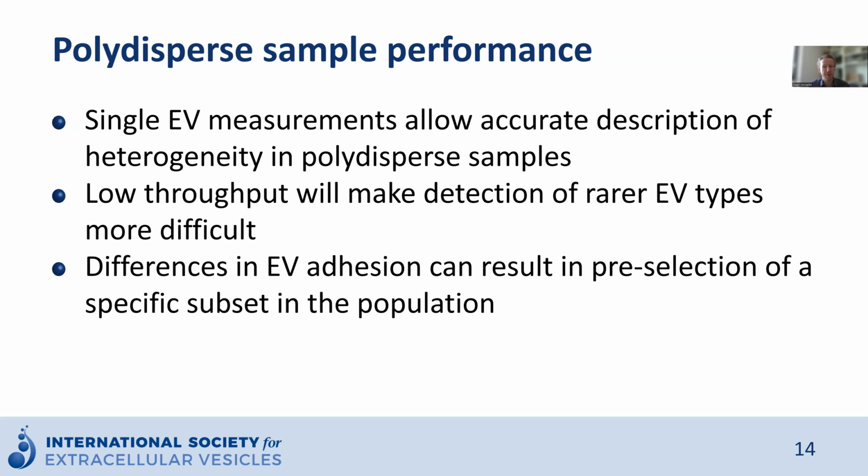Moreover, it's good to keep in mind that the vesicles we want to investigate need to be attached to the surface. So if there are differences in our vesicle population or EV population, in that some EVs stick better to this surface than others, we may be pre-selecting for a certain subpopulation of vesicles.